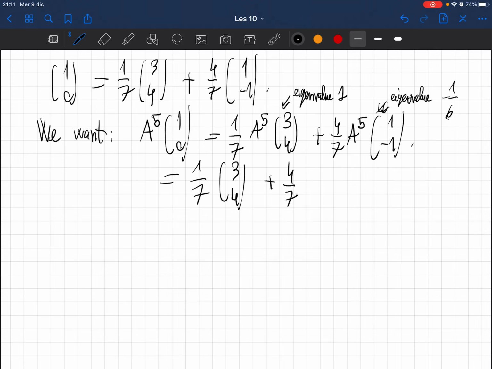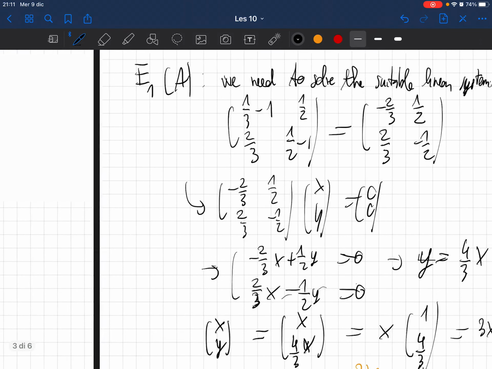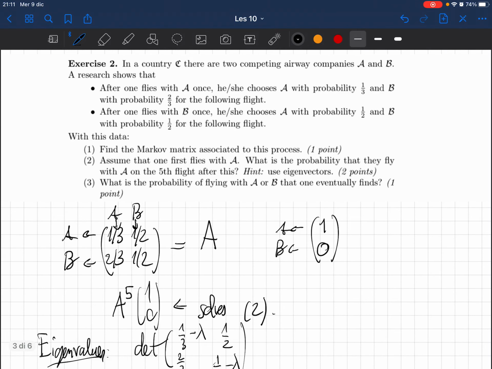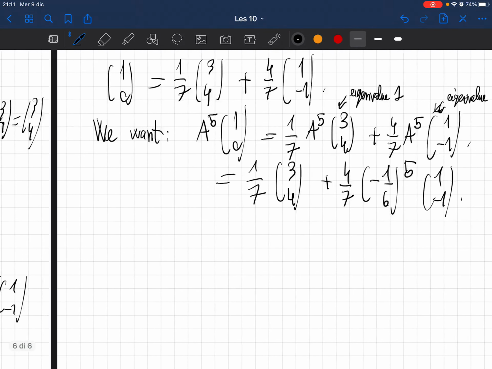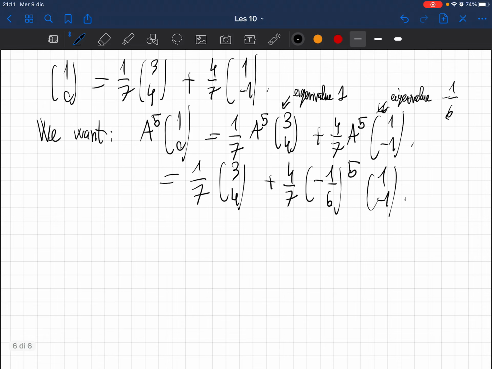And here you get minus 1/6 to the 5th power times (1, minus 1). And the problem asks, what's the probability of flying with A on the 5th flight after this? Remember that the answer is a vector, where the first component is the one related to A, and the second is the one related to B. So look at the first component.